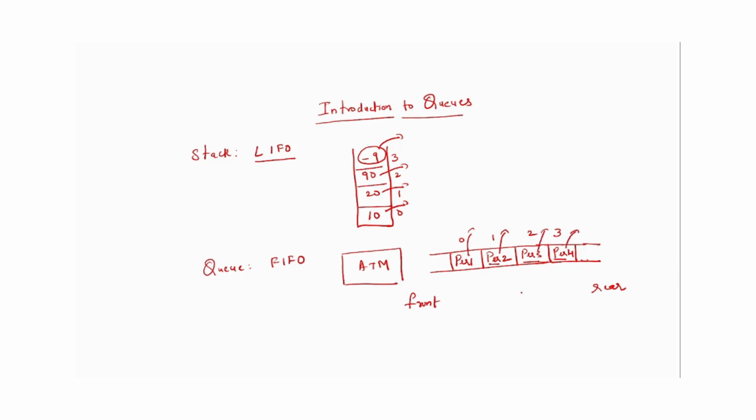So here, as we can clearly observe, the first point is that elements, here we are saying persons, but generally elements, are added to the rear, and elements are deleted from the front. Right? Elements are deleted from the front.